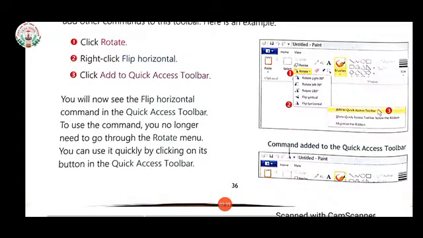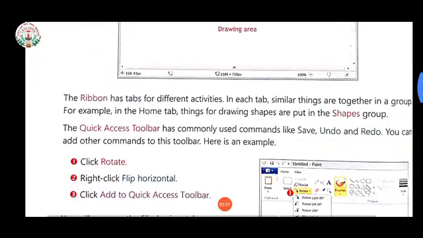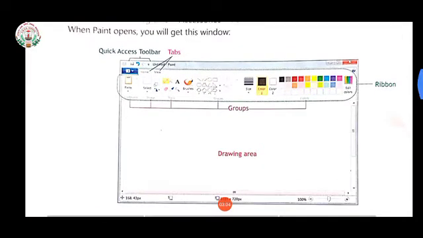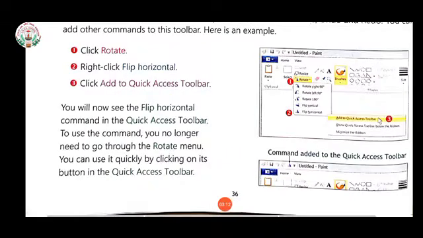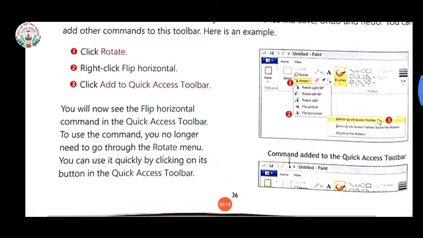First you have to click on rotate. Then after clicking on rotate, right click on flip horizontal here. When you right click, a menu will appear in front of you.